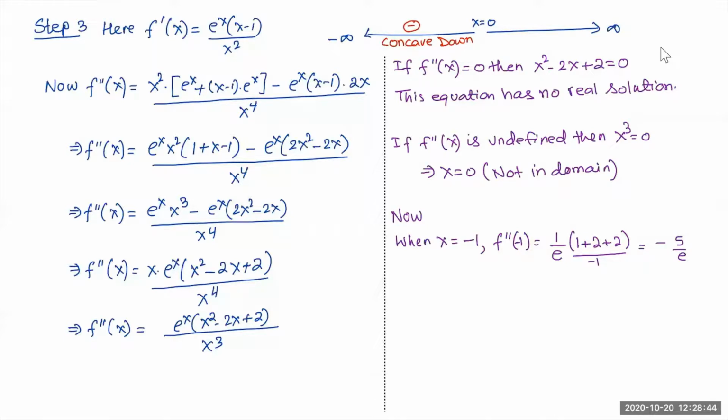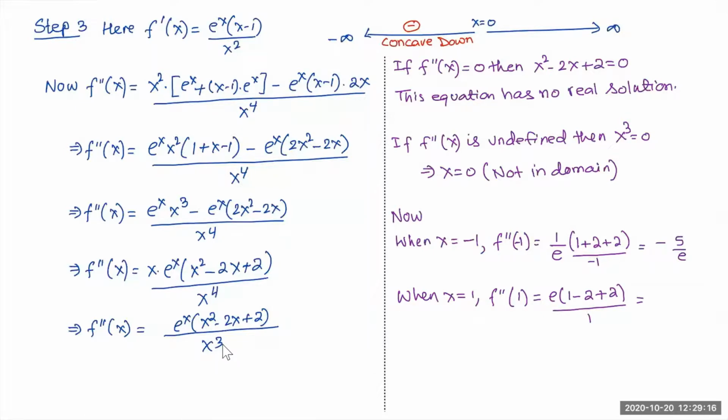So when x equals +1, I'm selecting a value from here, +1, and then plugging into the second derivative. If I plug in 1, it will be e to the 1, which is e. And then here we have 1 squared, which is 1. Minus 2 times 1, minus 2. Then we have a plus 2, divided by 1 cubed, that is 1.